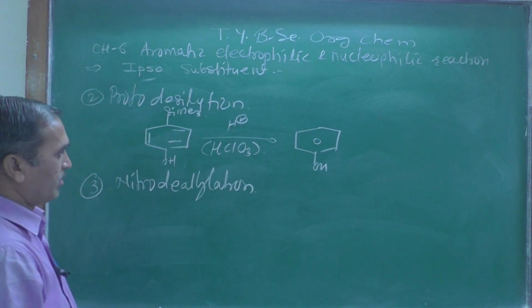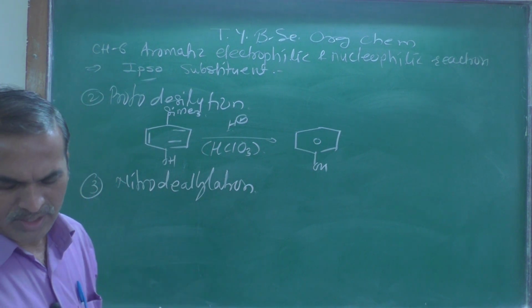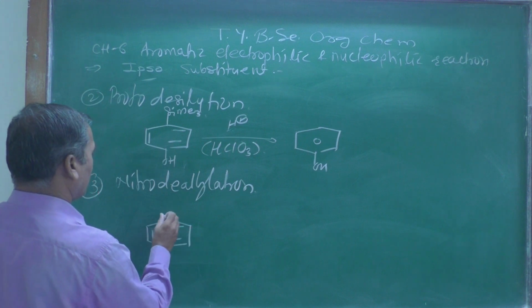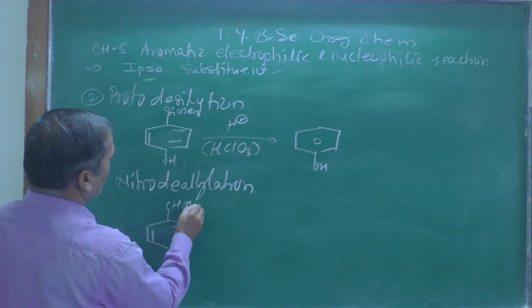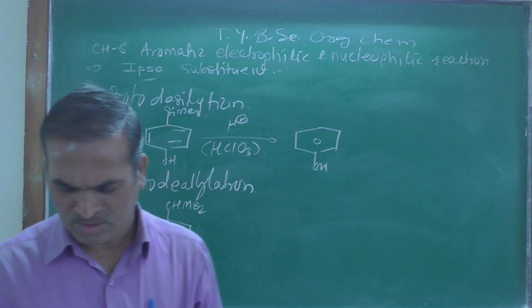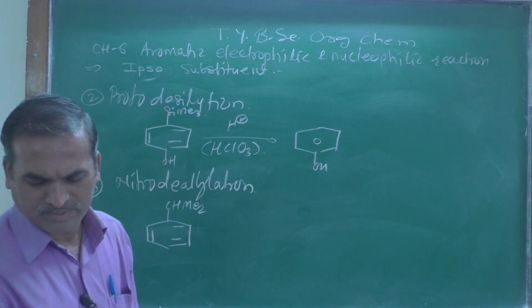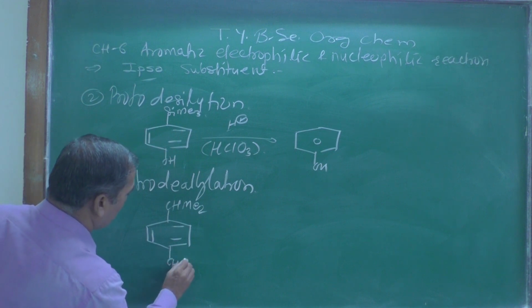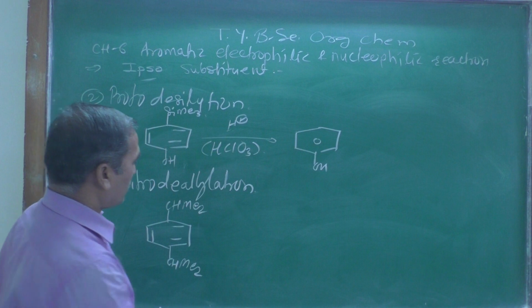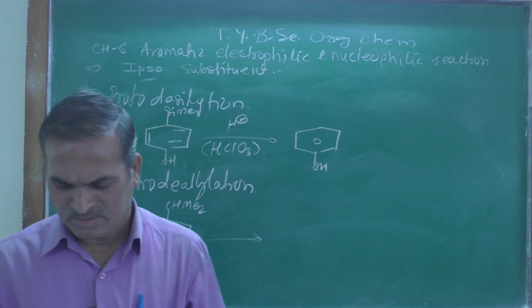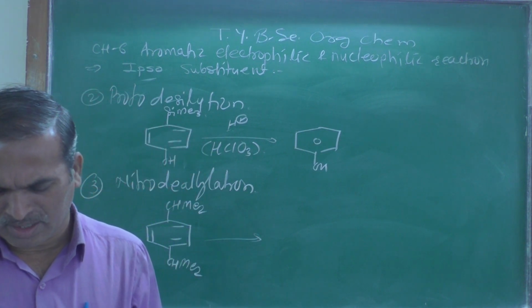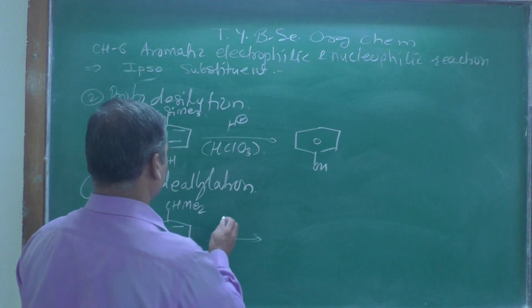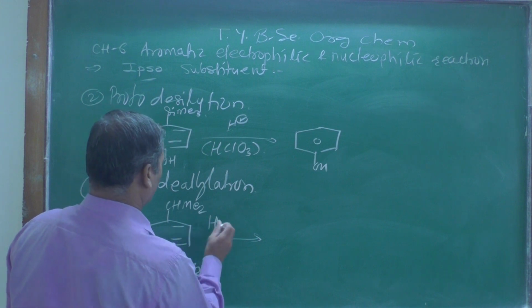Nitro-dealkylation reaction. Here we have taken the starting compound, this one, with CH-Me2, cumene type of compound, and that will be treated with HNO3 in presence of H2SO4. That is a nitrating mixture.